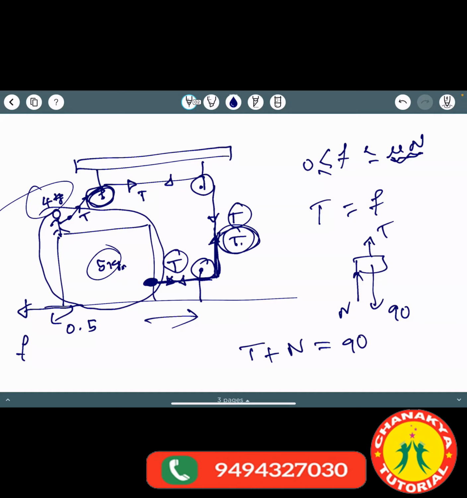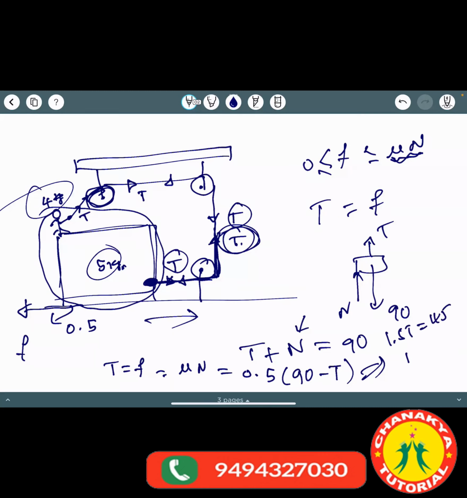Yes, sir. And we know that this tension should be equal to friction, if you just want to move this. So that is mu into N, correct? So from here you can write mu is 0.5 times 90 minus T, because I want normal, mu into N. Solve this: T equal to 0.5 times 90 minus T. If you solve this, you get 1.5 T equal to 45.